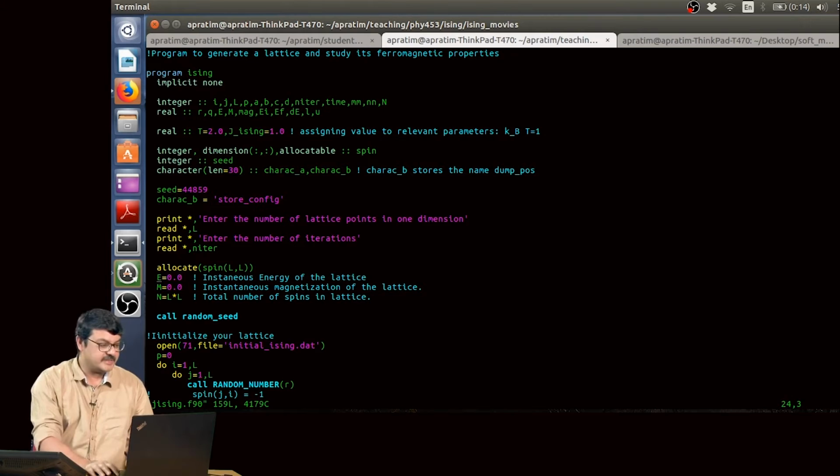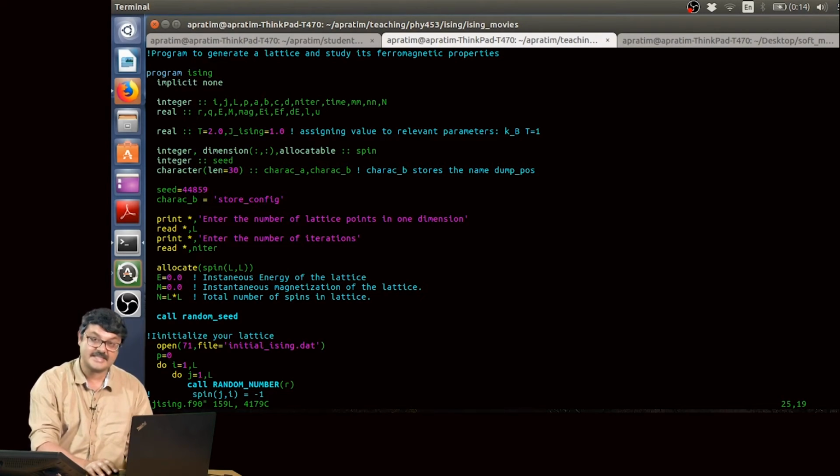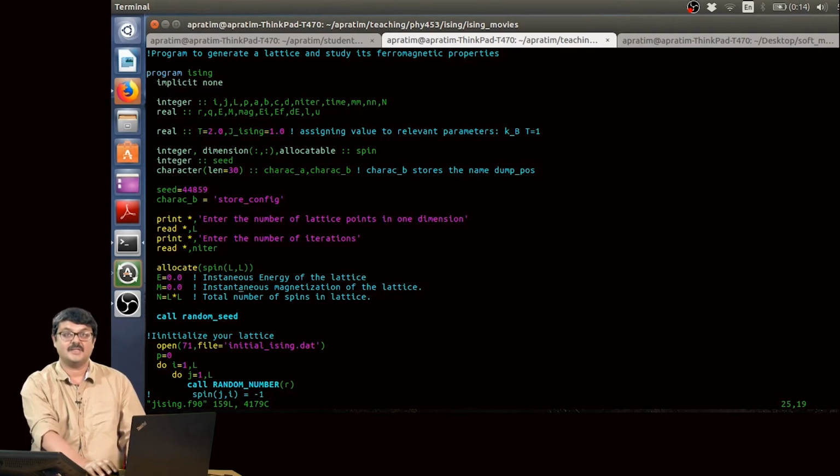So, E has been set to 0, and the magnetization, not the thermodynamic magnetization, the instantaneous magnetization. If you sum over all the spins, some are plus, some are minus, what is the total magnetic moment, what is the total value of the spin of the lattice?